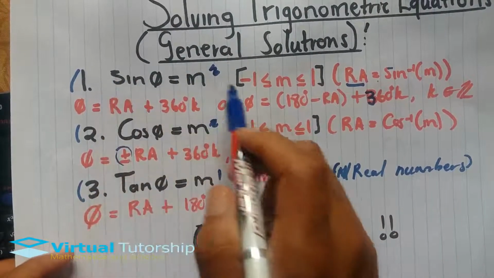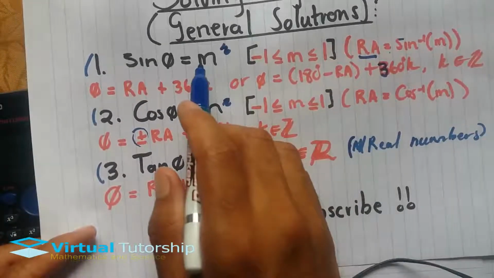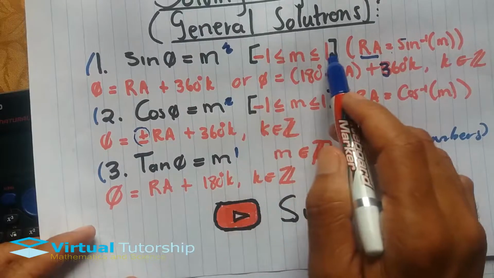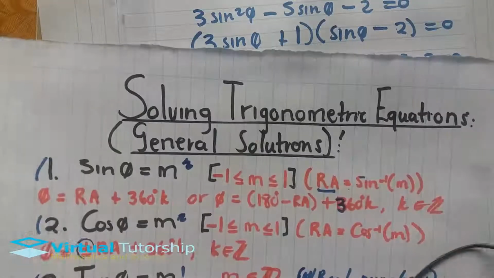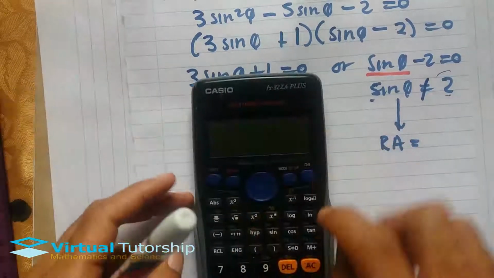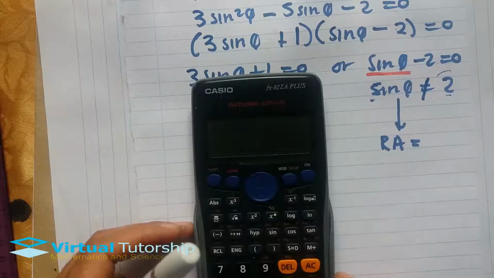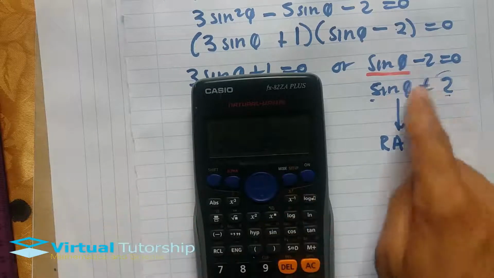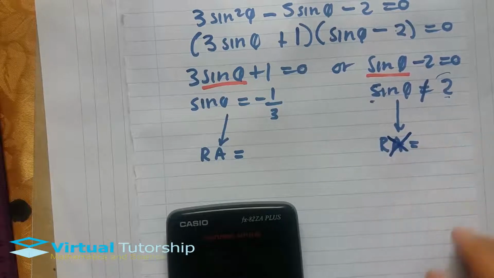For sine theta equal to m, in this case m is 2. So our m is not between -1 and 1. So this is not a solution. I'll show you what the calculator says. If we try the second function sine 2, if you try to calculate it, it says math error. So this one is not a solution, so the general solutions cannot exist here.